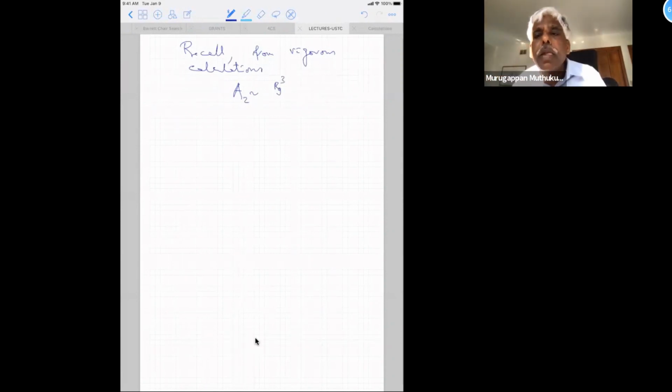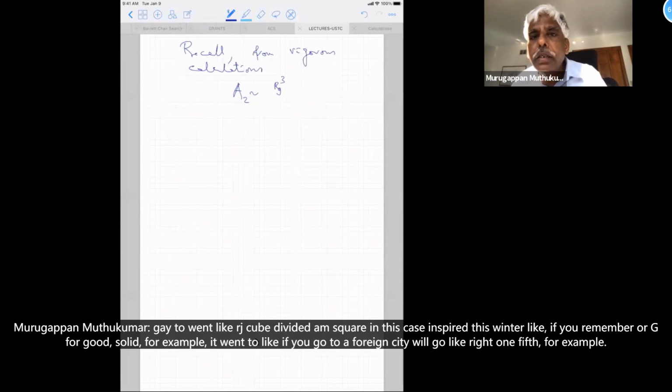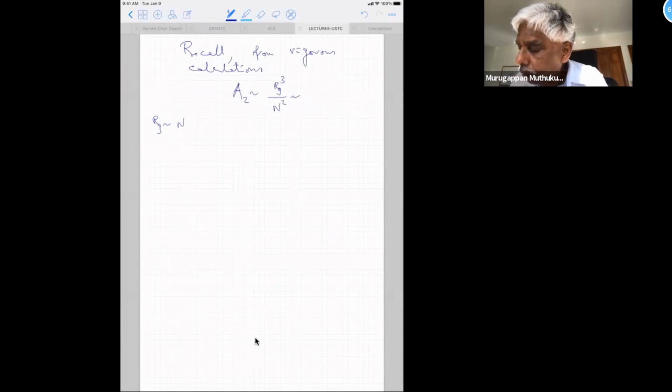Remember? A2 went like RG cubed divided by m square, in this case, n square. If you remember, RG for good solvent, for example, if you go to Flory's theory, it'll go like, right, 1/5, for example. Okay, 1/5.